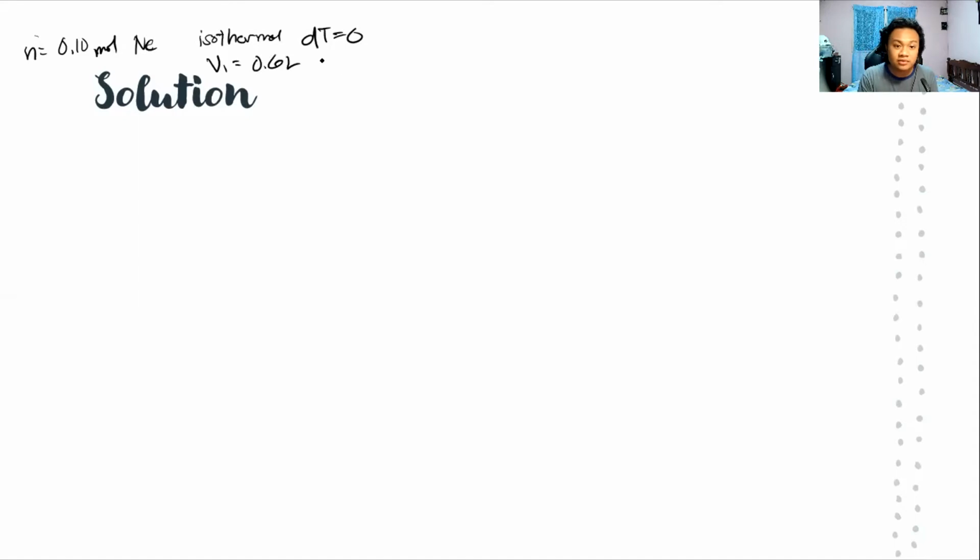And then we have our V2 is equal to 1.2 liter. And then we have our T is equal to 0 degrees Celsius or 273 Kelvin. Yes. And then letter A, we are given the condition that our external pressure is equal to 0.9 atm. Diba? This is actually simple.